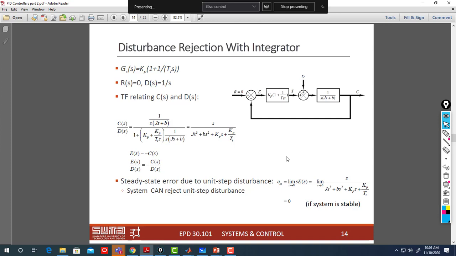Any question regarding the effect of? So what's the conclusion? What's the effect of adding an integral term? Integral terms eliminate steady state error. Yes, and regarding the disturbance, what's the effect on disturbance?